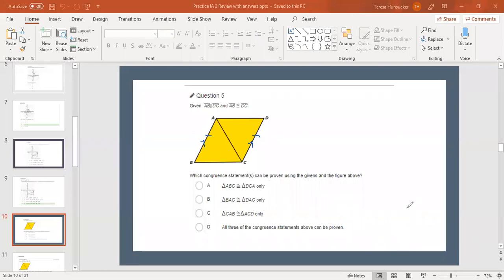What congruent statements can be proven using the givens in the figure above? So the triangles are stated to be congruent. These are called congruent statements. And when you make congruent statements, corresponding vertices must be named in the same order.